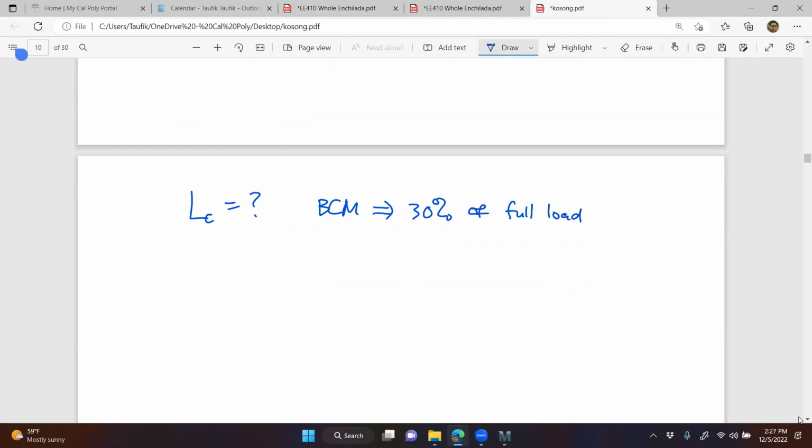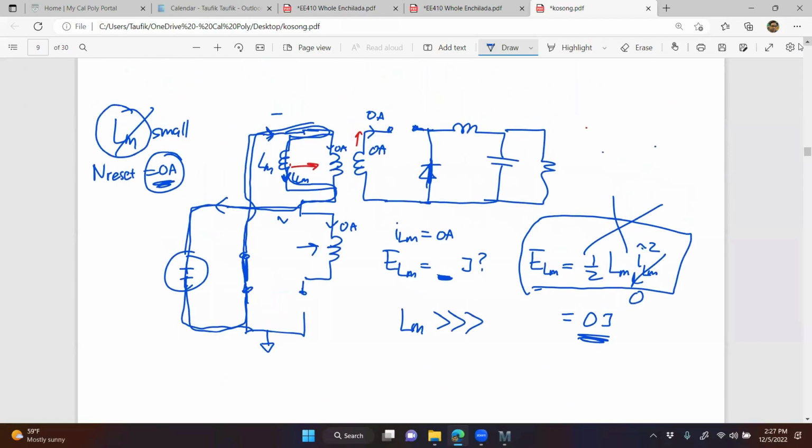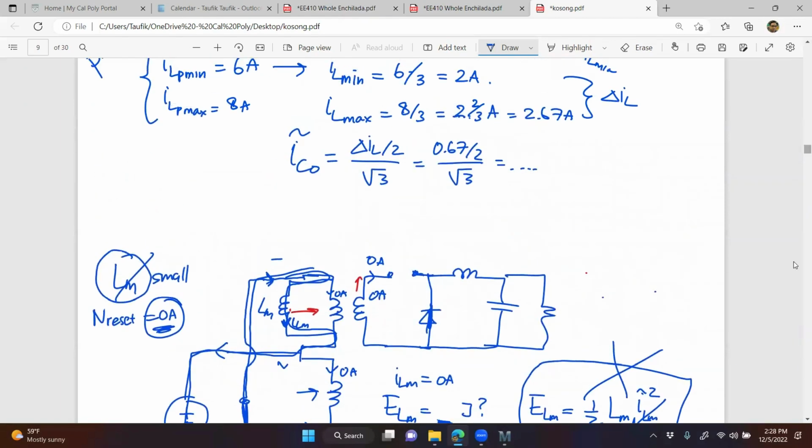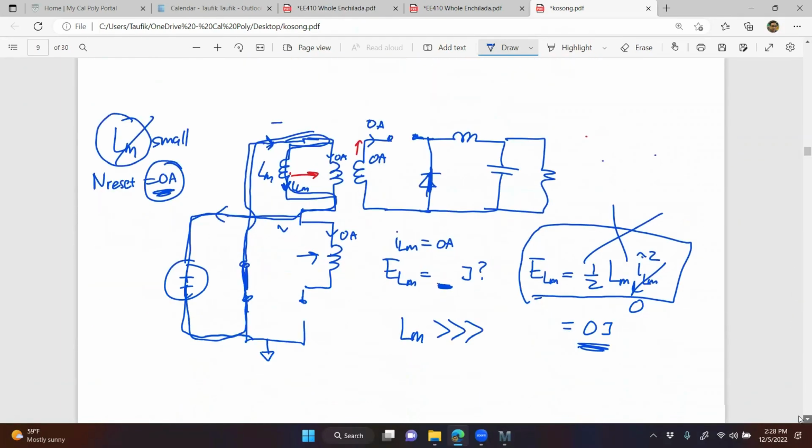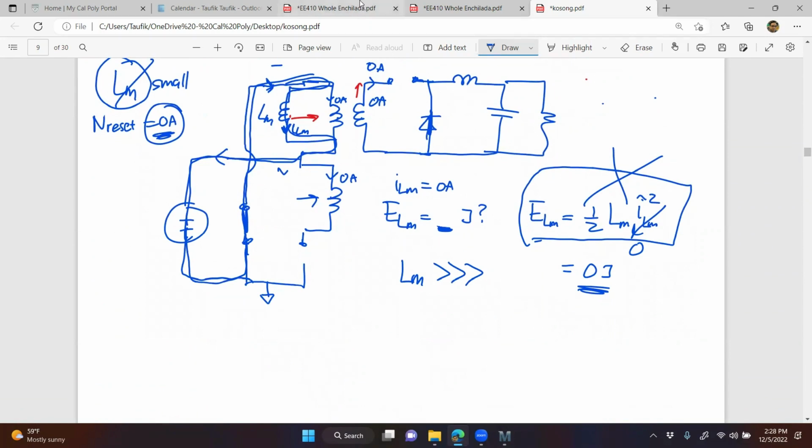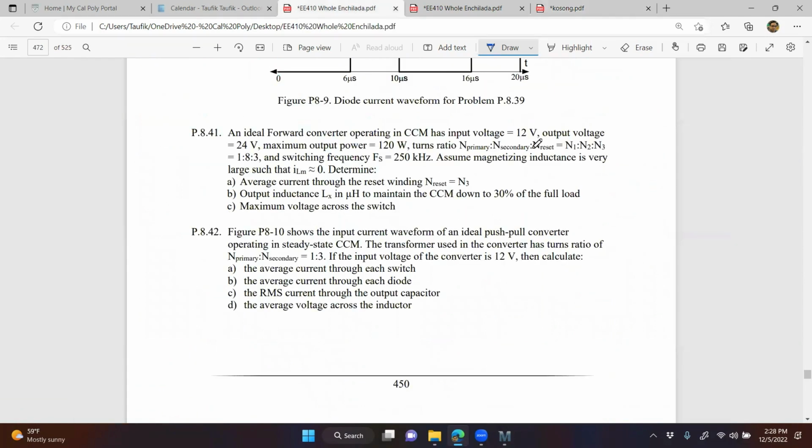Do we have the full load information or no? Let's see. What do we know from here? We know input voltage. We know output voltage, which is good. Oh, we have output power right there, 120 watts.